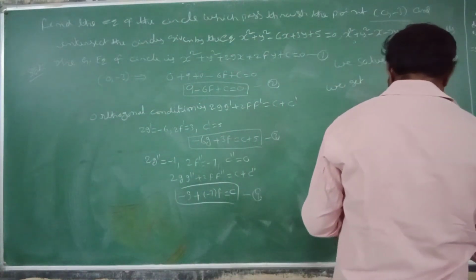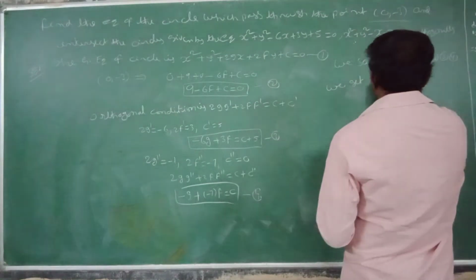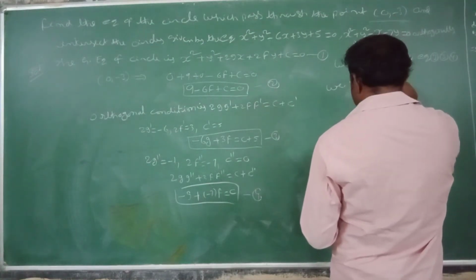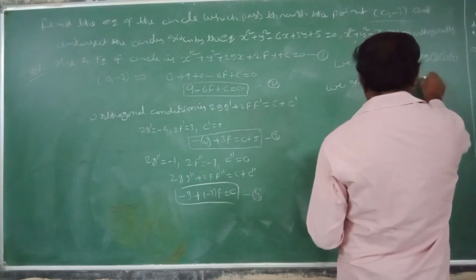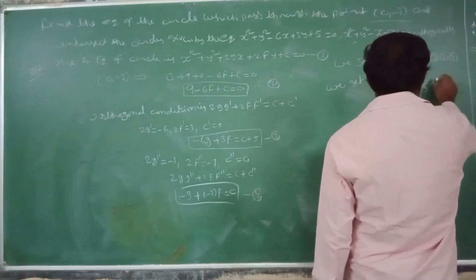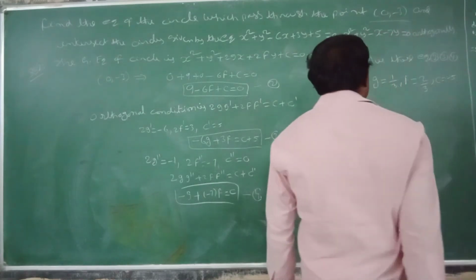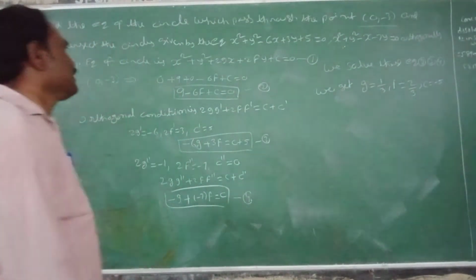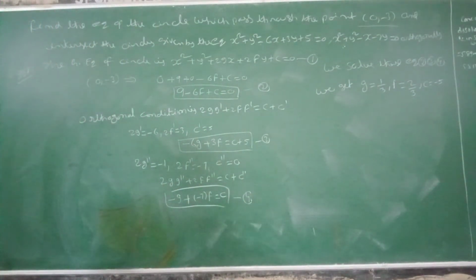So g is equal to 1 by 3, f is equal to 2 by 3, c is equal to minus 5. So substituting these values in equation 1, the general equation, we get the required circle equation.